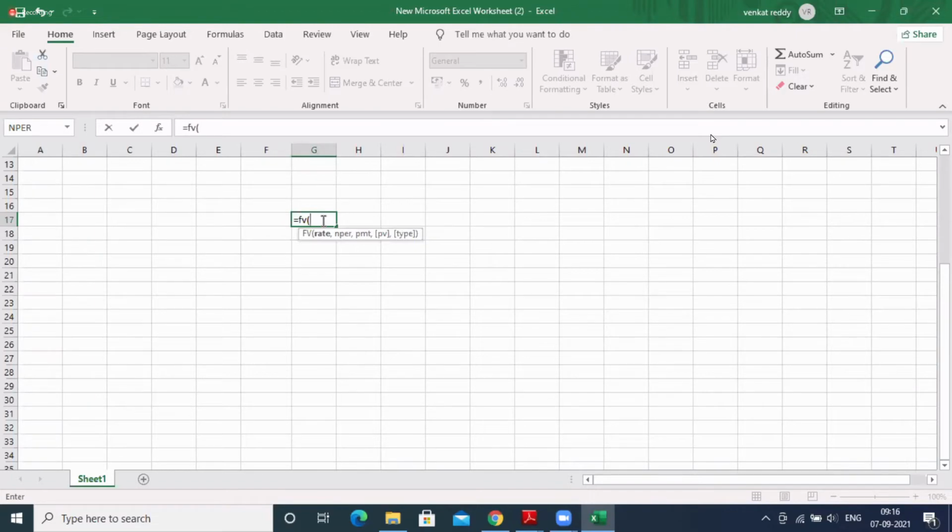I consider only 6% per annum. You are planning to invest 1,000 every month for a period of 30 years. So 30 into 12, how much will it be? Around 360, right? And here we are contributing 1,000.